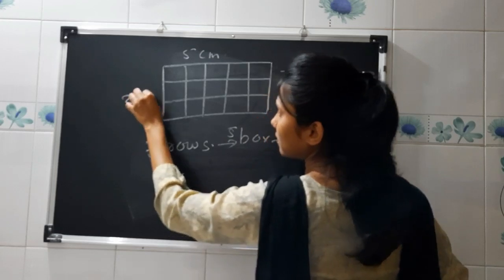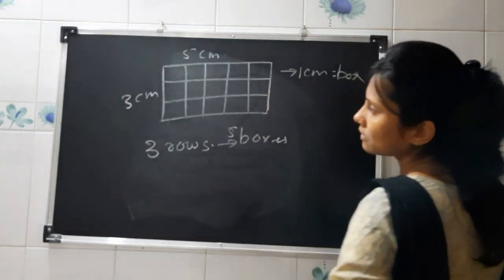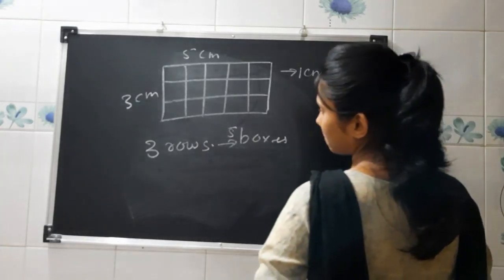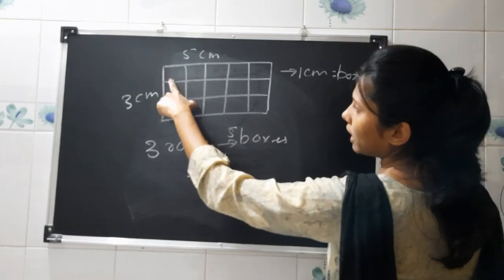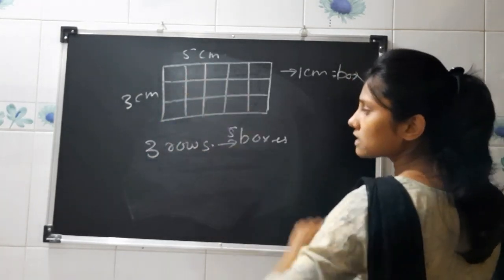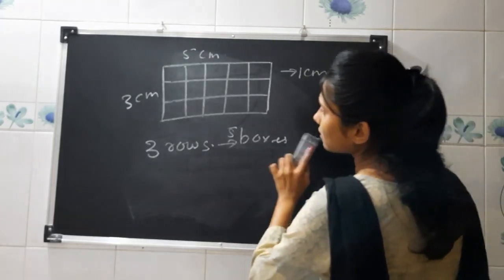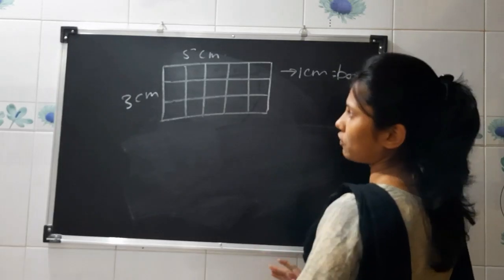So this means the breadth of this rectangle is 3 centimeter. 3 rows having 5 boxes means breadth is 3 centimeter, length is 5 centimeter. So area is something which measures the inside of a shape.